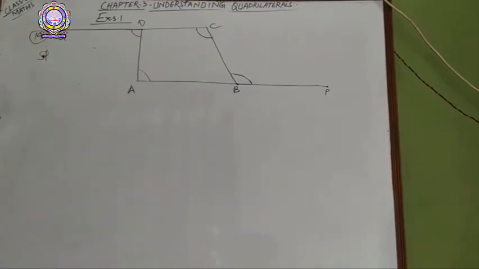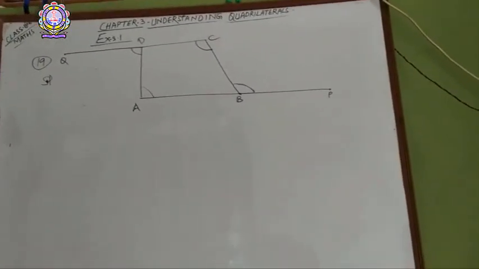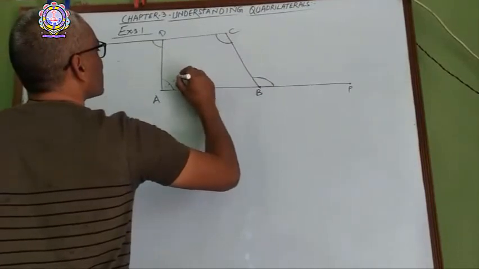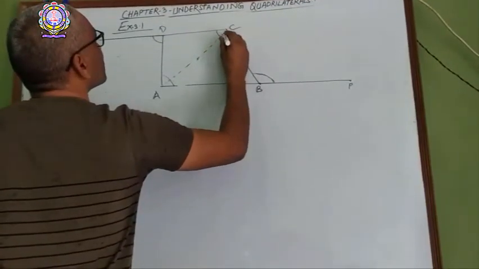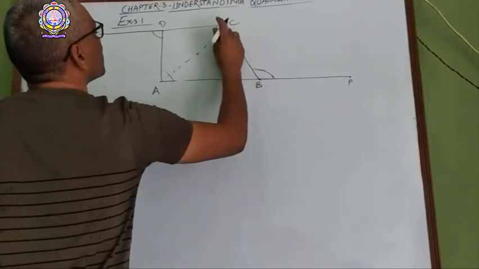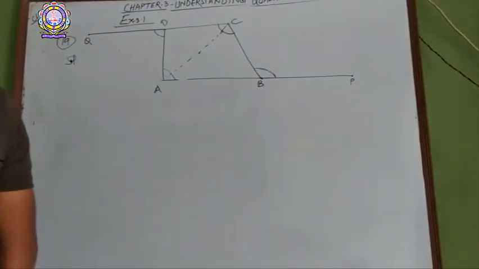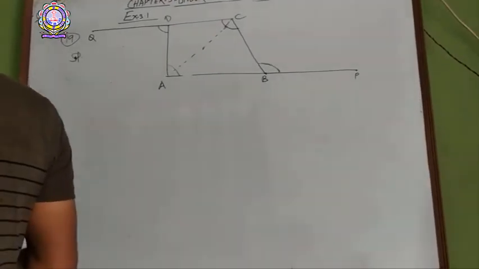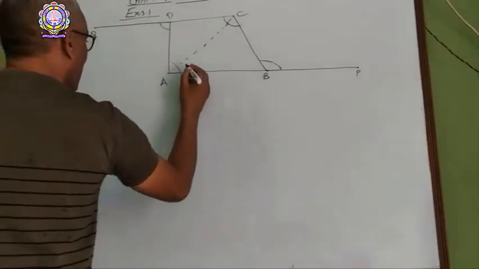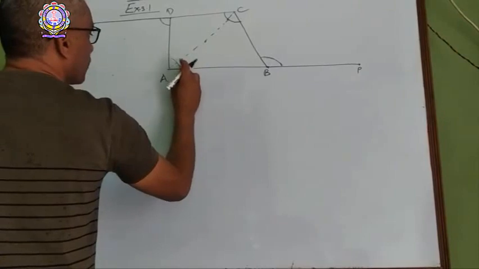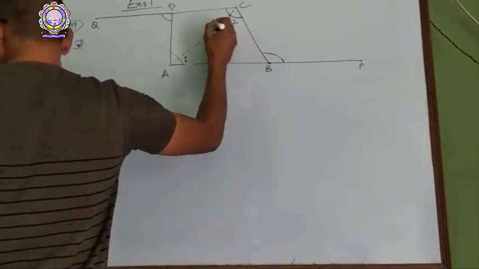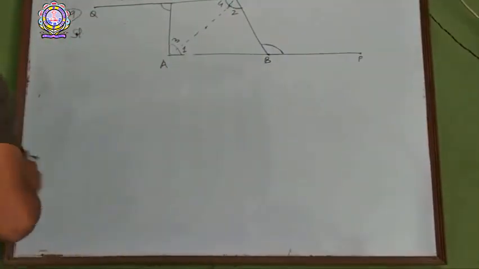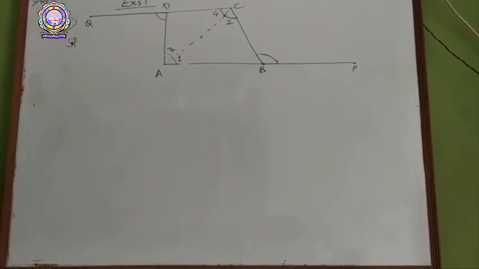Okay, now we will solve this question. Here, draw a diagonal AC. After this diagonal, mark angle 1, angle 2, angle 3 and angle 4. Now we will prove this.